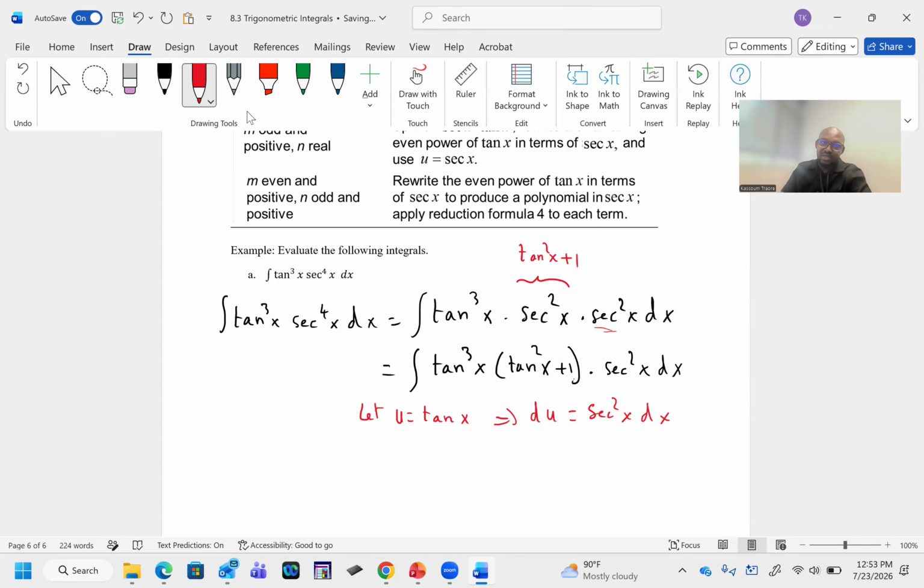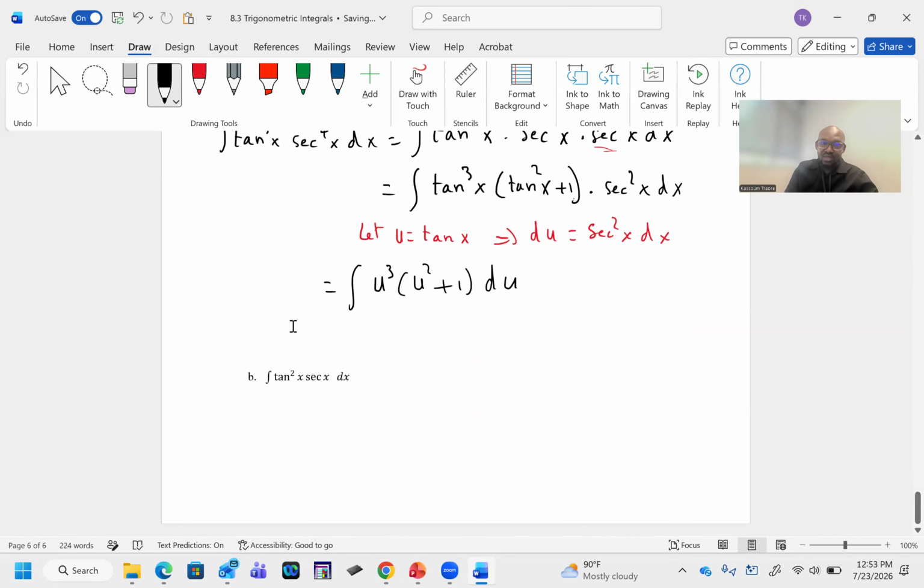Doing this substitution, I will get u to the power of 3 times u squared plus 1 du, right? If I distribute, I get the integral of u to the power of 5 plus u to the power of 3 du.